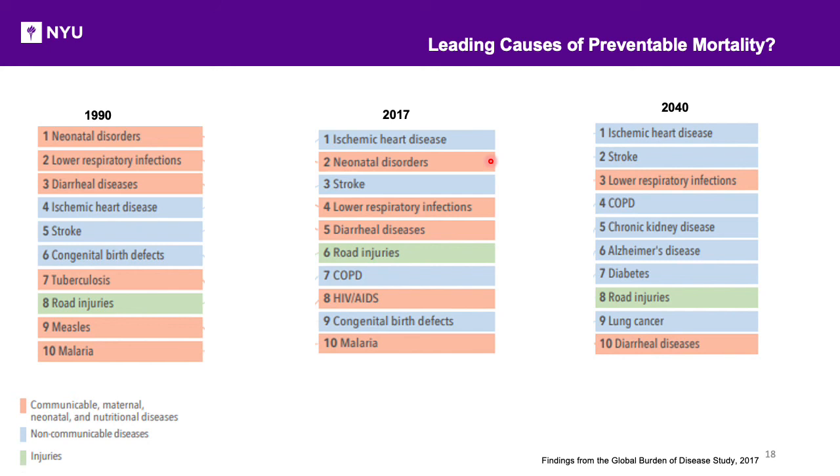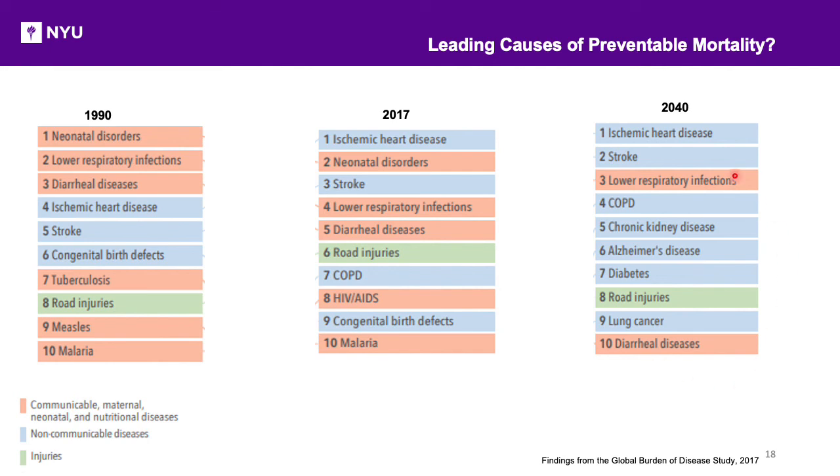And then by 2040, it is projected to be ischemic heart disease, stroke, and lower respiratory infections. Of the top 10, the majority of them will be non-communicable diseases, with HIV/AIDS and malaria not being among the top 10. So that is where we're heading in terms of these diseases.